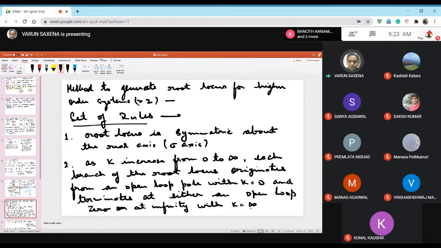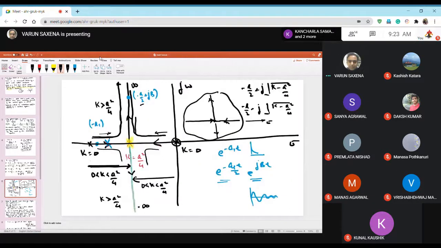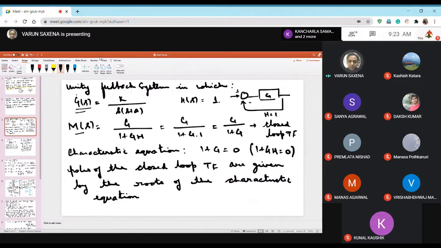Here, as I explained, whenever you take the value of k equal to 0, the roots of the characteristic equation will be the same as the poles of the open loop transfer function. And you can see over here, if you look at the open loop transfer function, its poles are located at 0 and minus a.